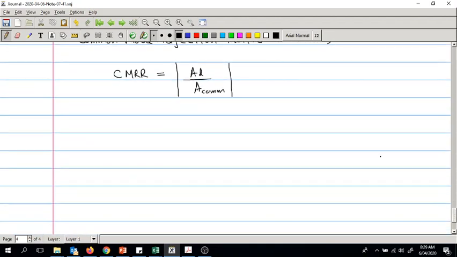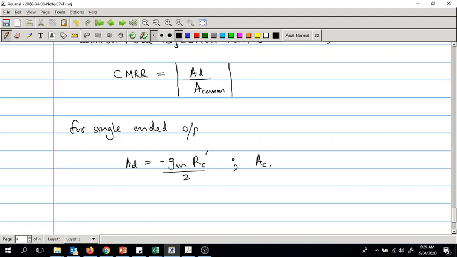Single ended output. So in that case, for a single ended output, A differential is equal to minus GM RC dash over 2. We got that earlier.